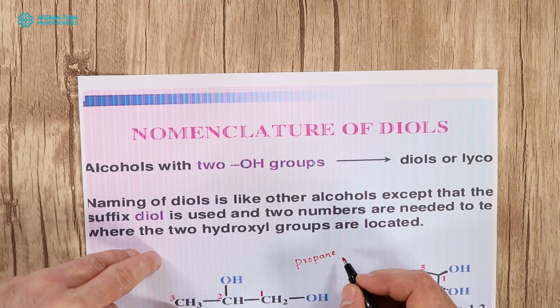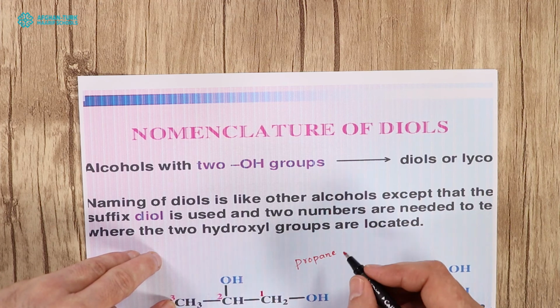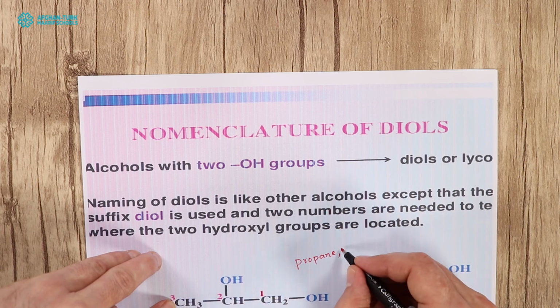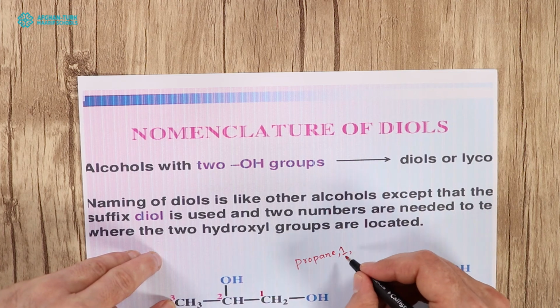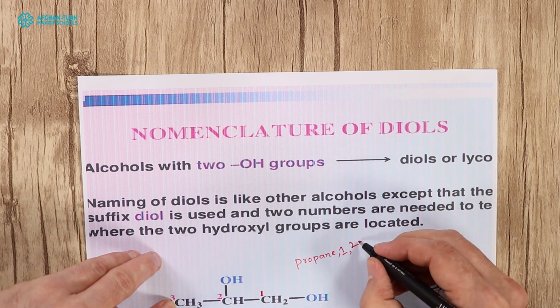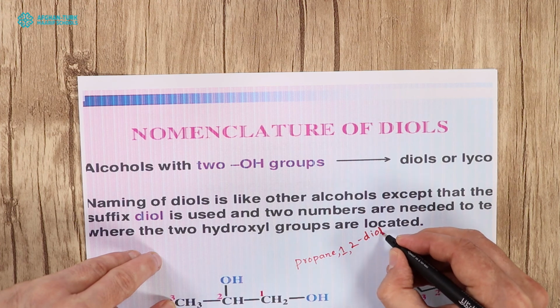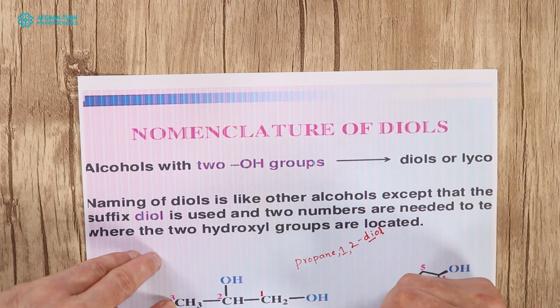Okay, but how many OH groups are there? 1, 2 OH groups are out there. So on the first carbon you have OH there, and on the second carbon you also have OH there. So it will become diol. 1,2-diol. Di means 2.